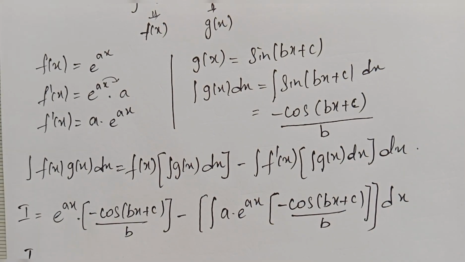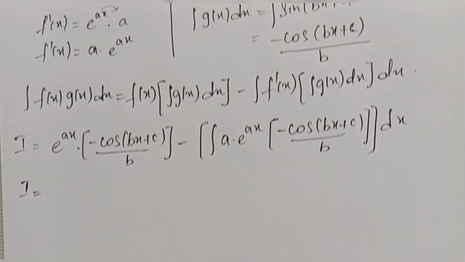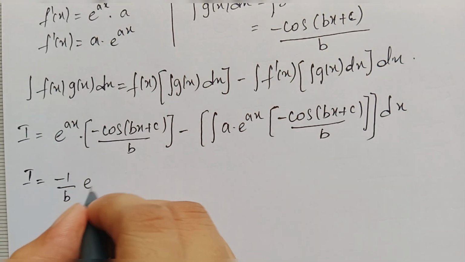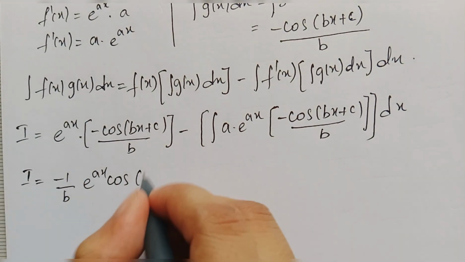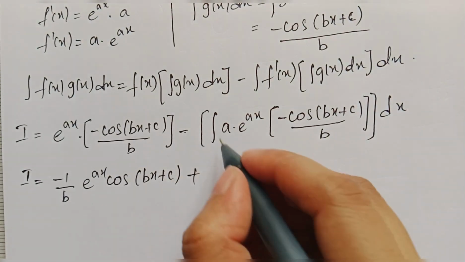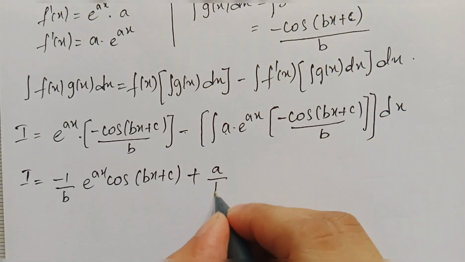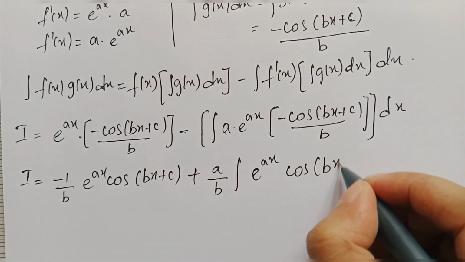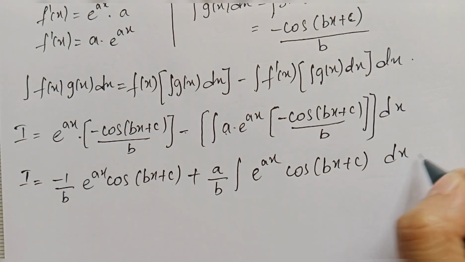So this can be written as I is equal to minus 1 by b, the denominator, e^(ax) cos(bx + c). Here minus minus will become plus, and a by b is a constant, times the integral of e^(ax) cos(bx + c) dx.